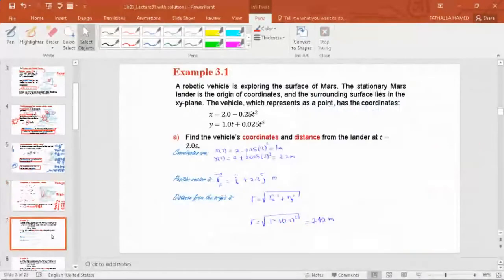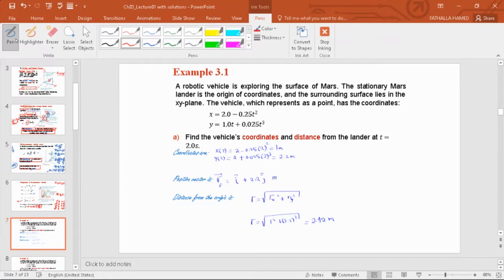Now let's deal with some examples. The first example is 3.1, and it tells you that a robotic vehicle is exploring the surface of Mars. The stationary Mars lander is the origin of the coordinates, and the surrounding surface lies in the xy plane.